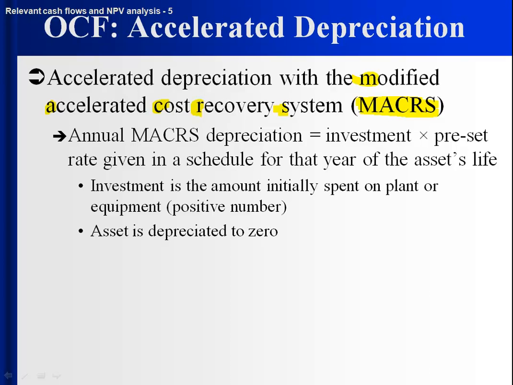In each year, it's equal to the amount of the investment, so again, the $1 million we paid for the equipment or whatever it is, times a rate that's given in a schedule that the IRS puts out for that particular year of the asset's life. With Straightline, you can sometimes depreciate the asset to some number that's not zero. Here, it's always just the investment times the rate.